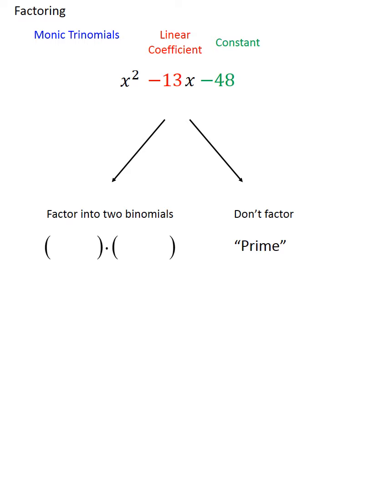Now, if you were to consider all monic trinomials like this with single or double-digit coefficients, it turns out 90.4% of them are prime and don't factor at all, whereas only 9.6% of them actually factor. Now, this particular problem is factorable, as we'll see.